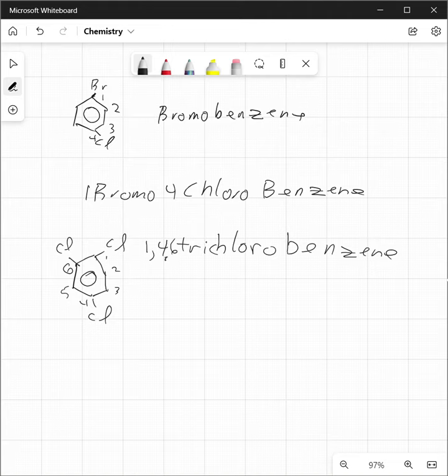Dichloro, trichloro. Yeah, so if you have multiples of the same structure, you can start combining them into one. Instead of 1 chloro, 4 chloro, 6 chloro, you just say trichloro. 1, 4, 6 is trichlorobenzene. Okay.